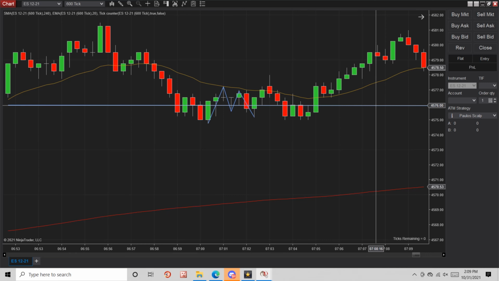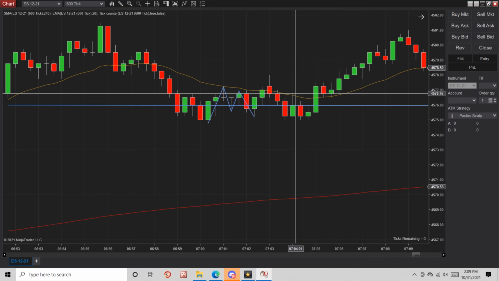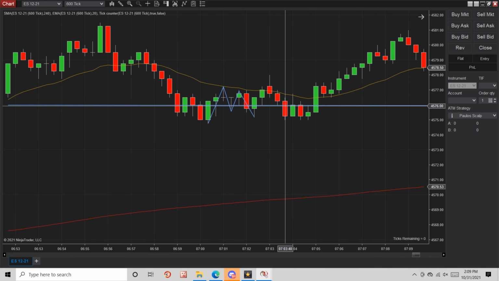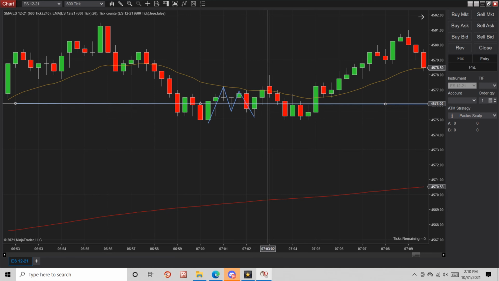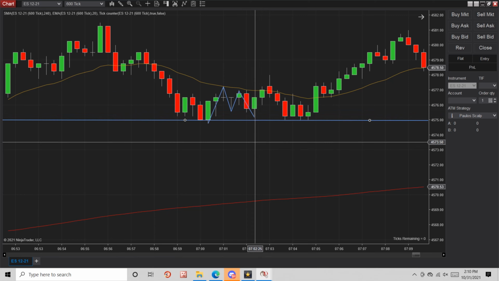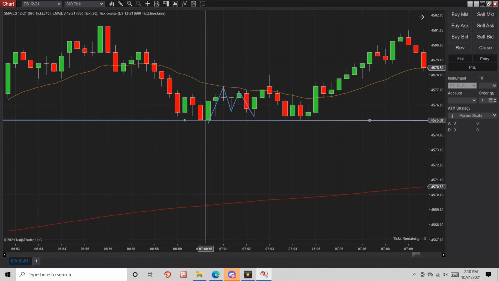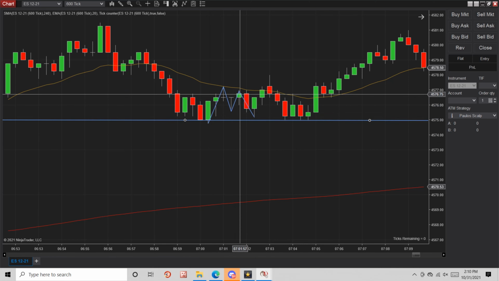The reason why is because from where we would sell the market, which is at 4576, we do not have a dollar to the support resistance line. So that's another requirement. We must have a $1 move from where we sell the market in this example to the support resistance line. So if we move back the support resistance line to where it was earlier, now we can sell the market based off of that rule.